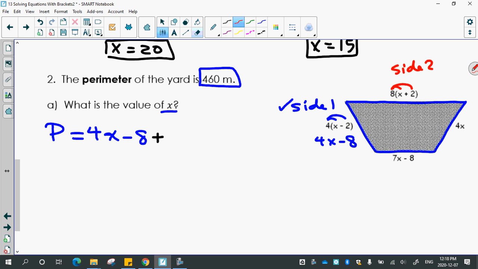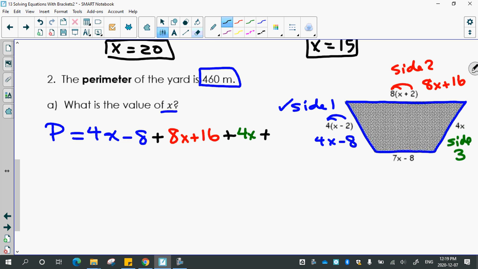So I can expand it as well and rewrite it as 8x plus 16. Okay? So I can rewrite that side as 8x plus 16. Then I want to add up my next side, side 3, which is easy, it's just 4x.